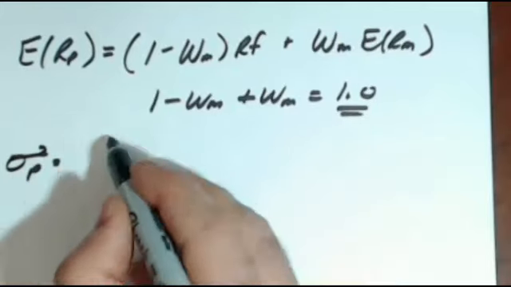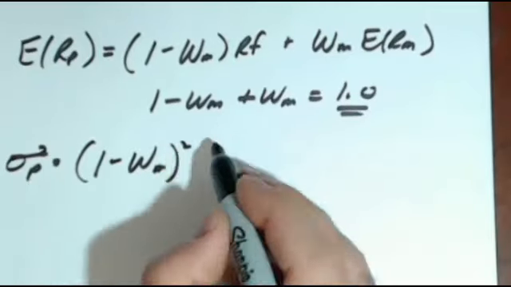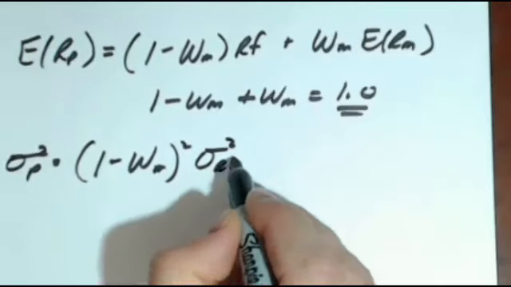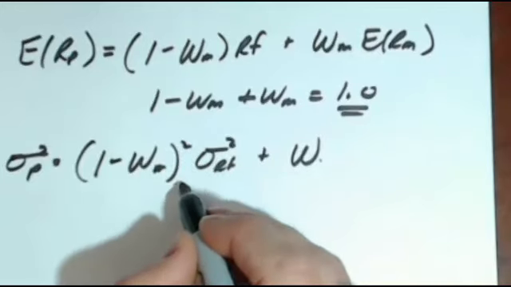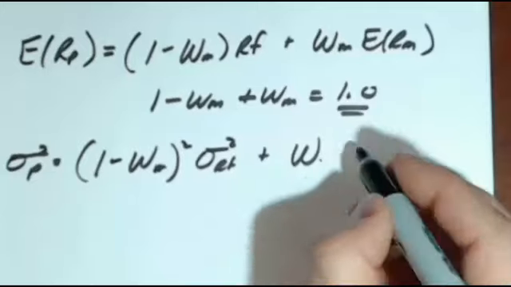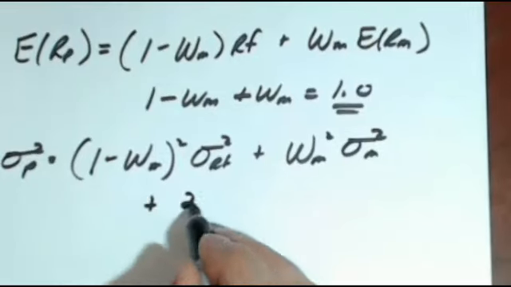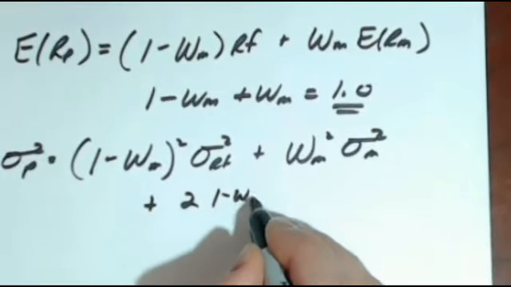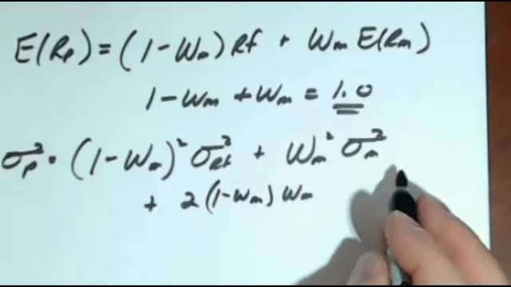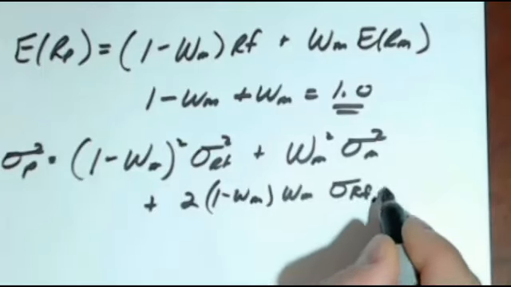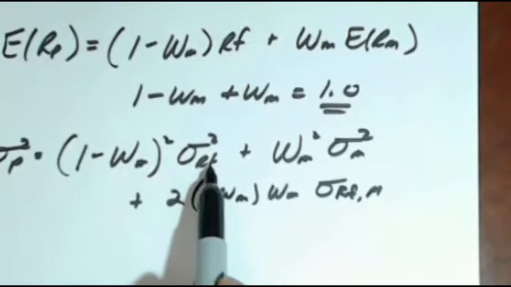The risk of a portfolio is simply the variance: the weight of the risk-free squared times the variance of the risk-free, plus the weight of the market squared times the variance of the market, plus 2 times the weight of the risk-free times the weight of the market times the covariance between the risk-free and the market.